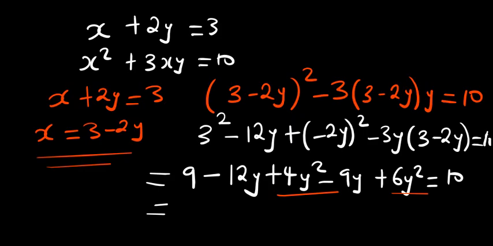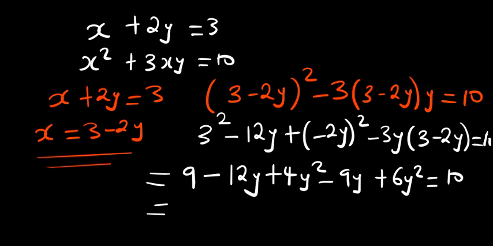Okay, so what do we now do? Negative 3y, that is negative 9y, that is positive 6y squared. Okay, we are good, we are fine.